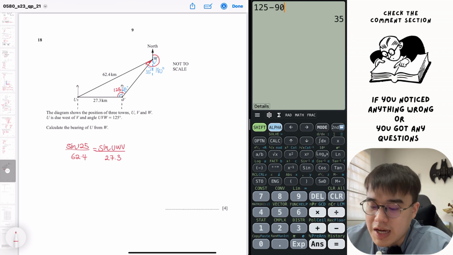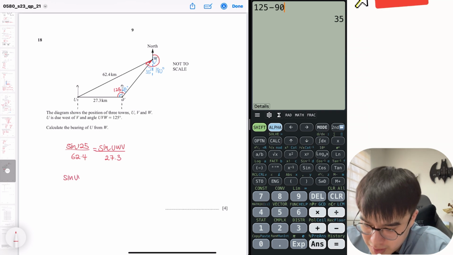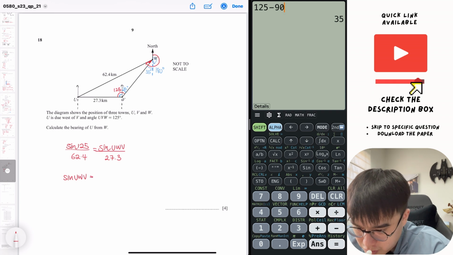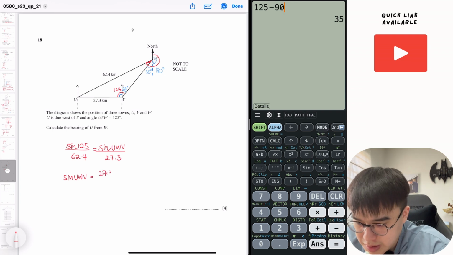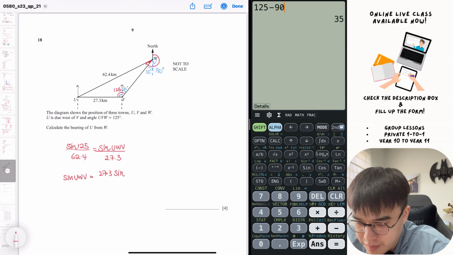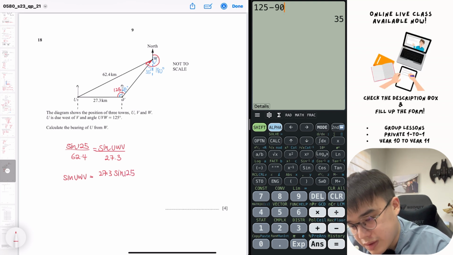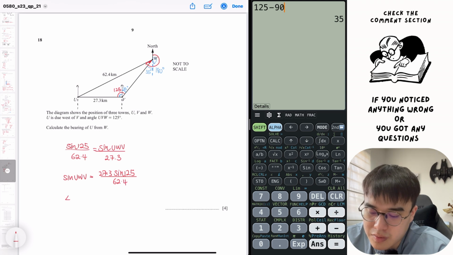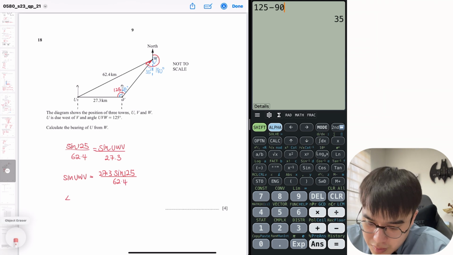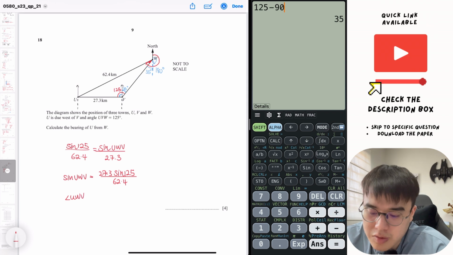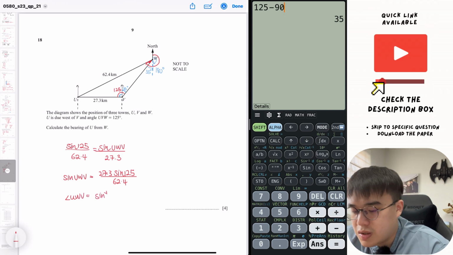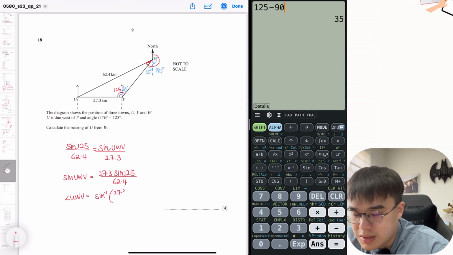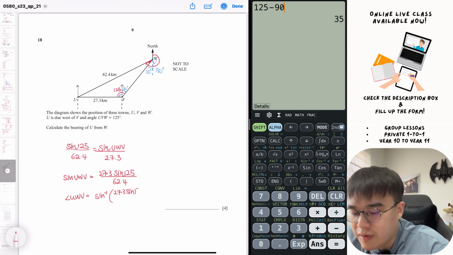And to find your sine UWV, you have to take 27.3 sine 125 divided by 62.4. And to find the angle UWV, you're going to use sine inverse of 27.3 sine 125 over 62.4.